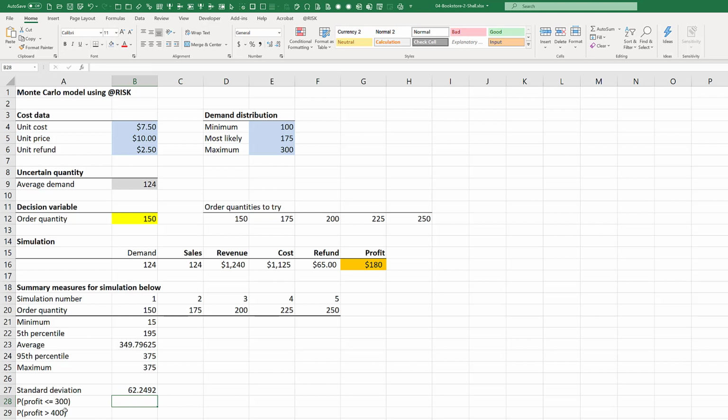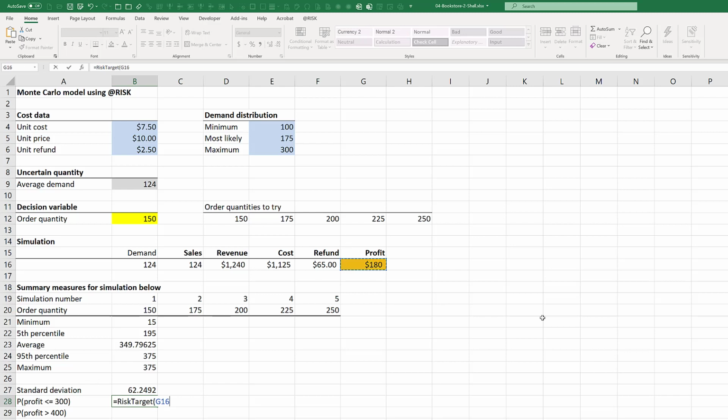Now, we can also get the percentage or the probability for a target value. And that is given by risk target. Okay, risk target of what?